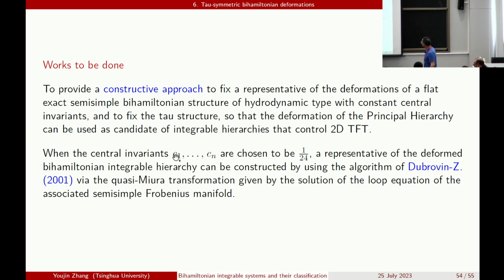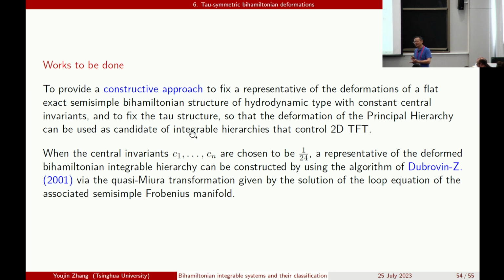In our setting, this means that we start from the dispersionless limit, the bihamiltonian integrable hierarchy of hydrodynamic type, and construct this deformation. Up to now we don't know, but we already know that for any choice of central invariants, these bihamiltonian integrable hierarchies still possess Virasoro symmetries.